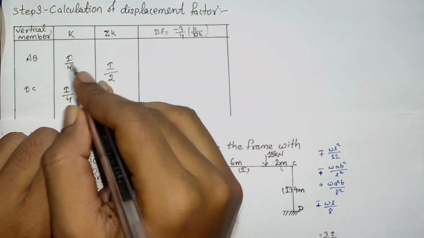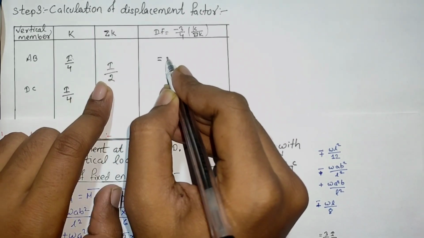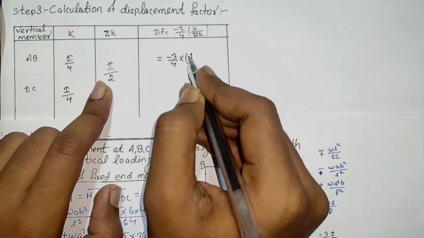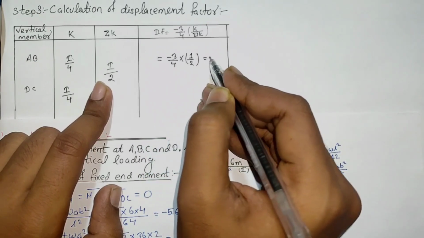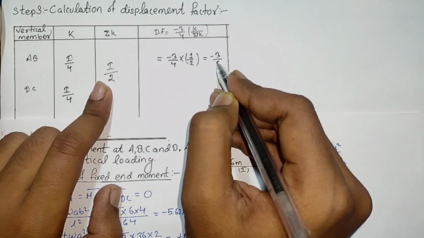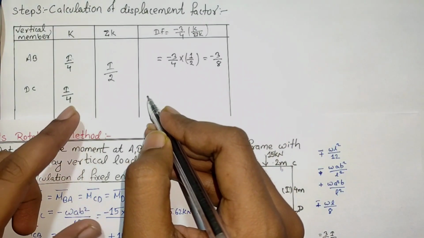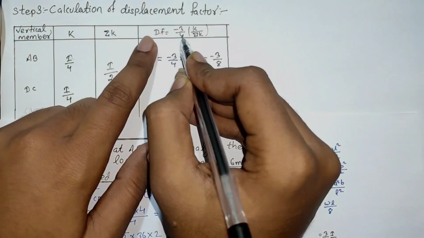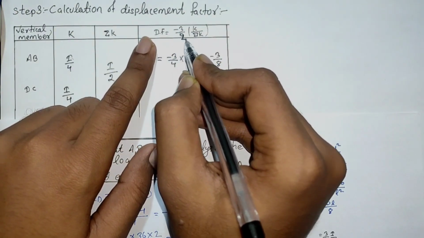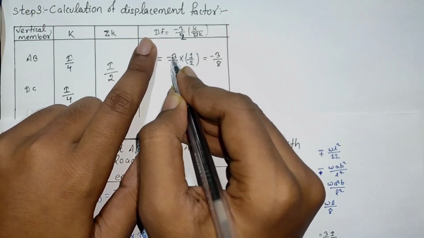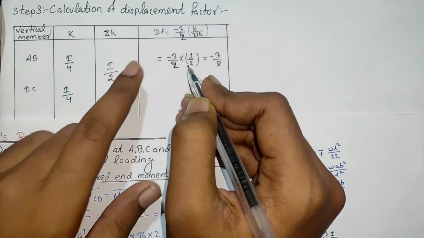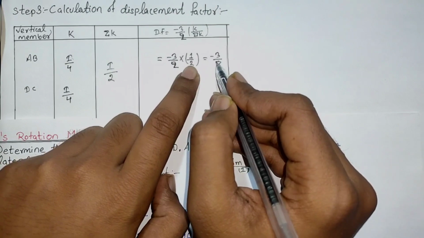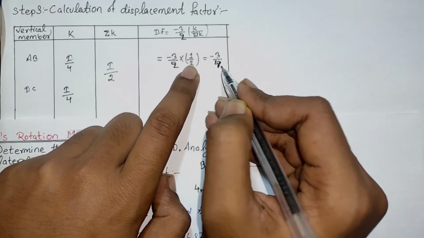So for AB the displacement factor equals minus 3 by 4 times 1 by 2, which totals minus 3 by 8. Here the displacement factor is minus 3 by 2 times K upon summation K, which is 1 by 2, so we get minus 3 by 4.